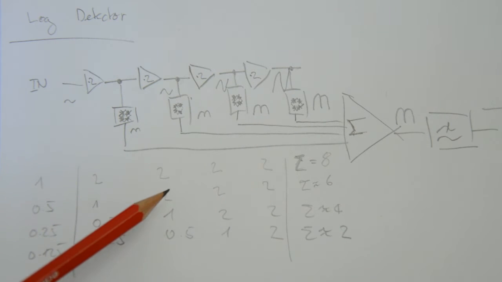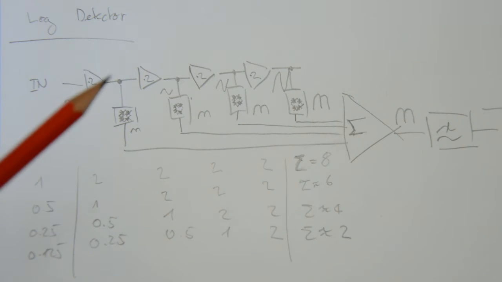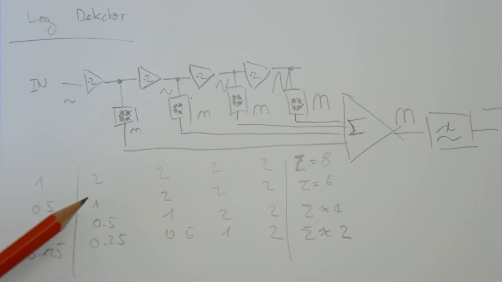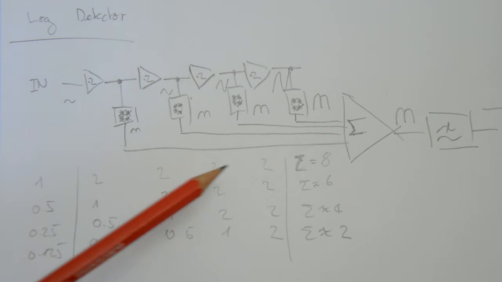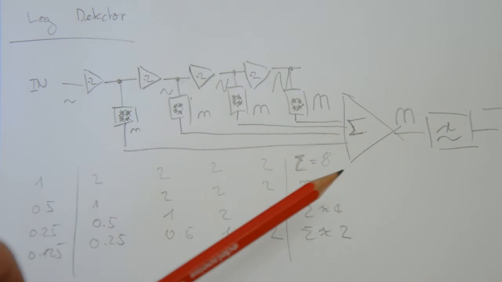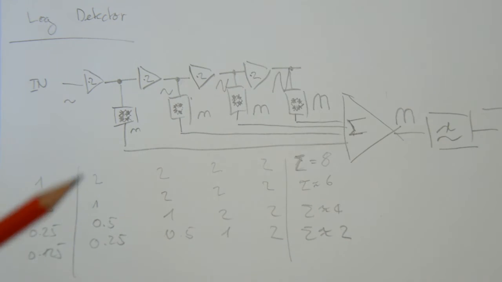That's 1 plus 2 plus 2 plus 2. But I'm going to make a little mistake here and neglect any amplifier output that is not limited. This is a mistake, but I'll come back to that. So in theory we have 7 here, but because I'm neglecting anything that is not yet limited, I just sum up these 3 here, and that's a sum of 6.